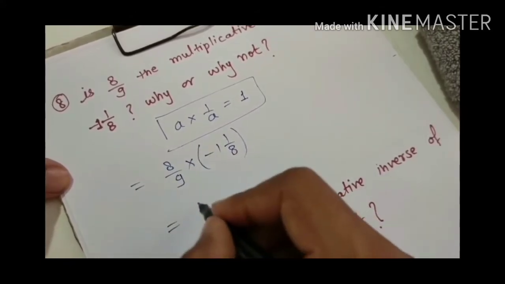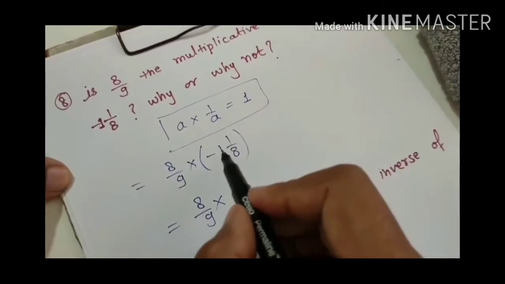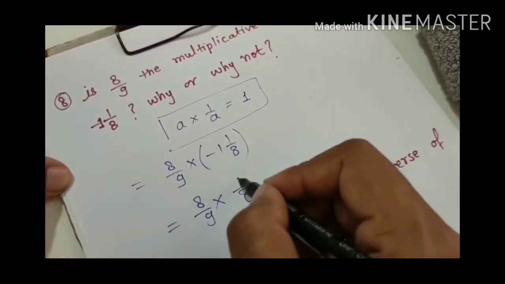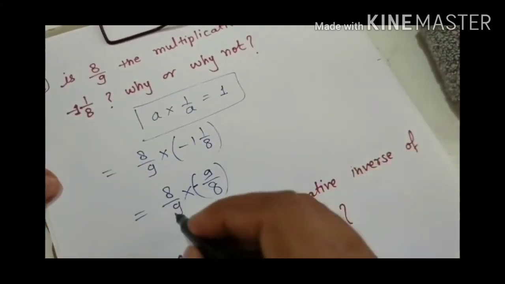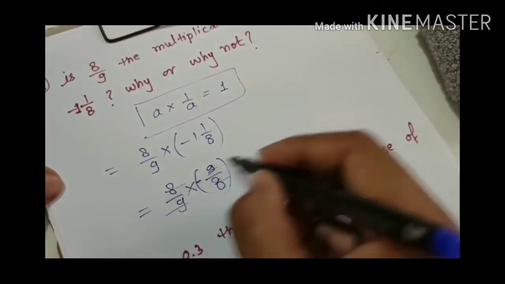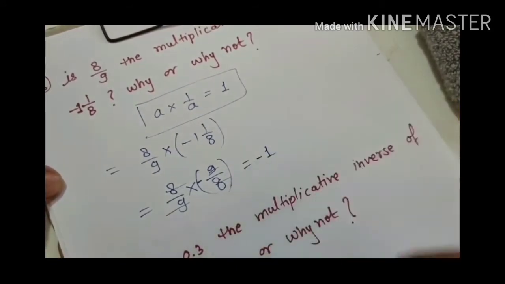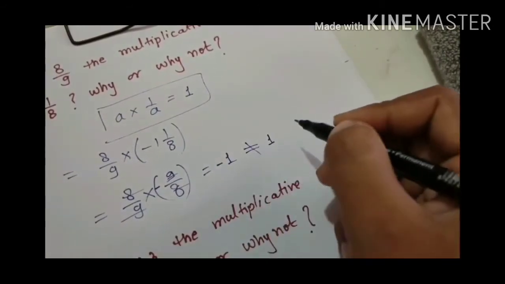Now what is it? 8 by 9 multiply by minus 1 by 8, simplification, just now one minus. See, don't forget that symbol minus.